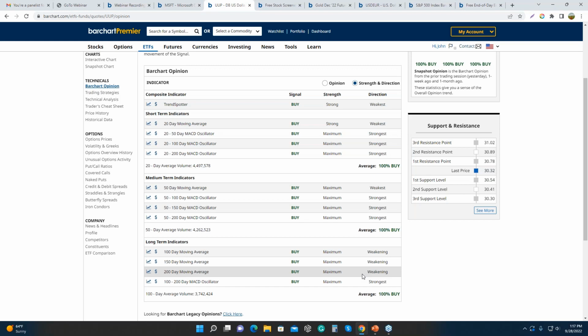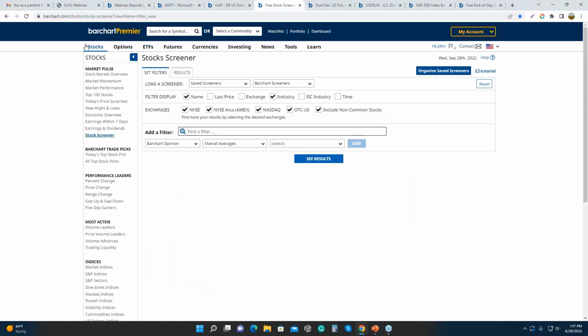So let's take that thought a little bit further. What I'm going to do is go to a screener. And if you don't know where to find our stock screener, it's right there, stock screener. I'm just going to build a screener for you guys where I want to find stocks that have good strength, in other words, an established moving average or a trending market.